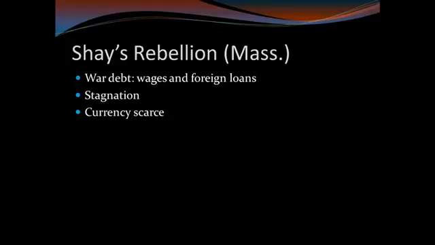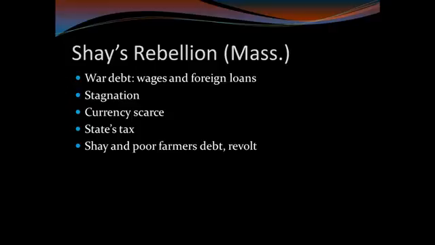So currency was scarce after the war was over. States were still imposing taxes. So these Western Massachusetts followers of Shays still had taxes to pay to the state, and they were poor.